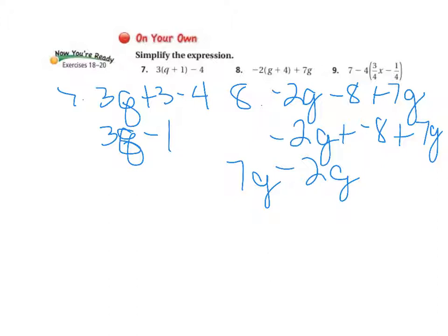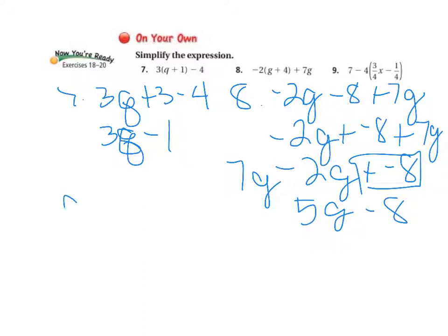And then we have our plus negative 8. It's sometimes easier to have the positive number in front. So you have 7g minus 2g, which equals 5g. And then you have that, which we know is negative 8.